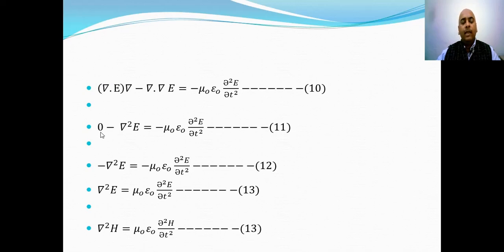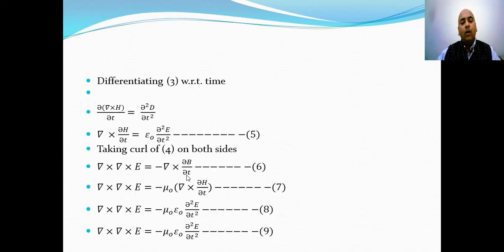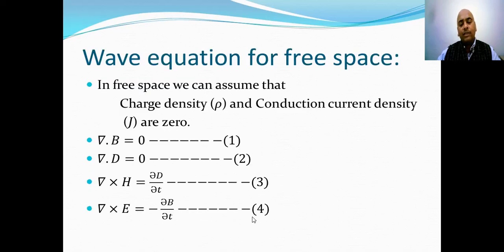So ultimately we are left with del square E equal to mu naught epsilon naught ∂²E/∂t².